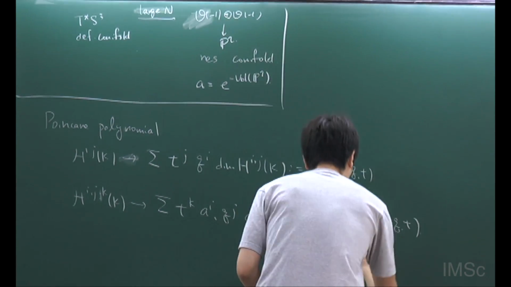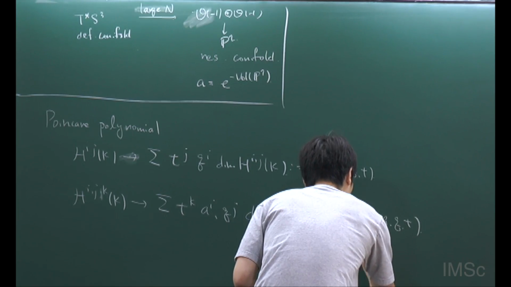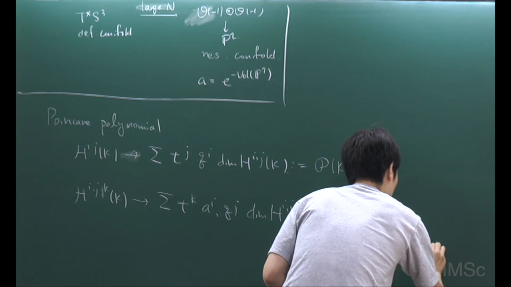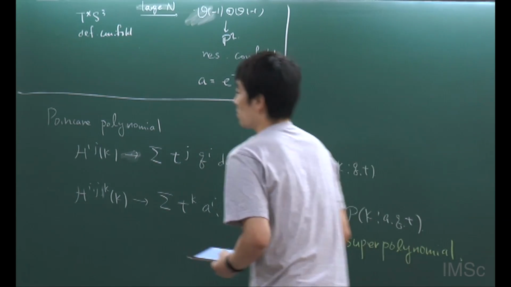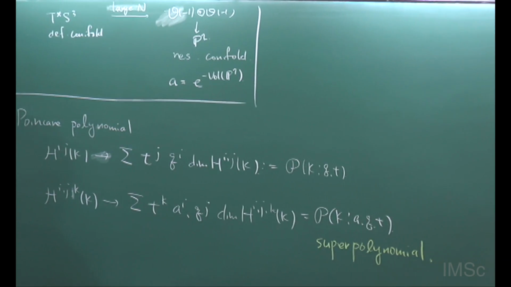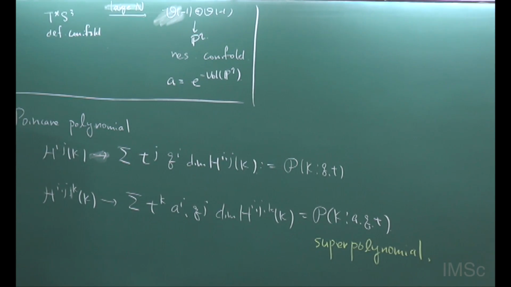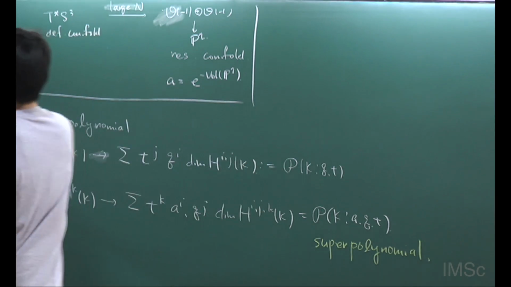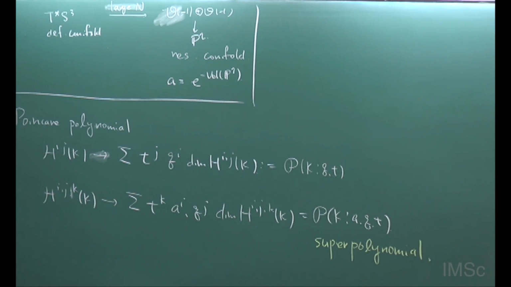People sometimes call this the super polynomial. I think this name was introduced by Dunfield, Gukov, Rasmussen. Anyway, it's just the Poincare polynomial of the triple graded homology. And when you take the t equal to -1 limit, you get the quantum invariant.